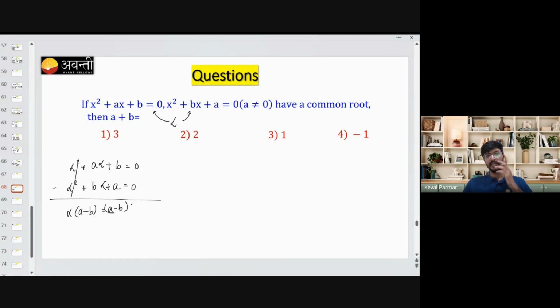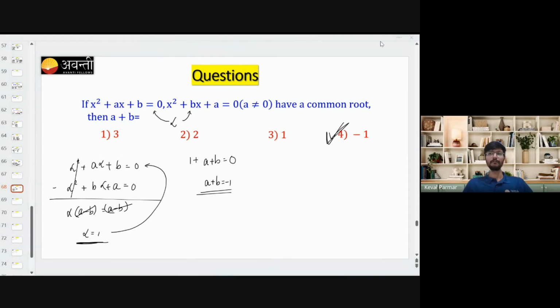We can cancel out and we will get simply the value of alpha is 1. Now, 1 substituted here. So 1 plus a plus b equals to 0. So a plus b is minus 1. So my correct option is option number 4. Let's see the next.